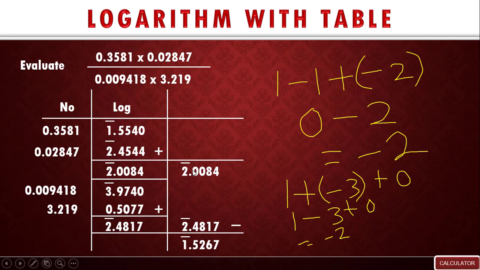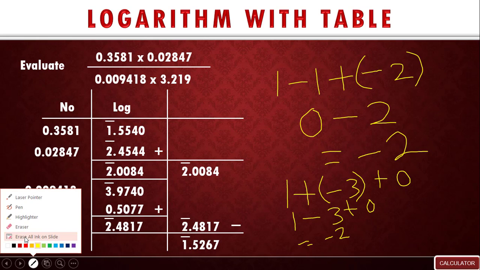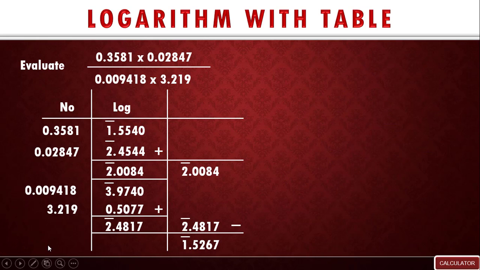Since we borrowed 1 from it, it's remaining 9. So we say 9 minus 4, that will give us 5. Okay, then my point will be this: we borrowed 1 from here, and we have minus 2 here. Do you remember that? Okay, let me try to do that so that you see it.